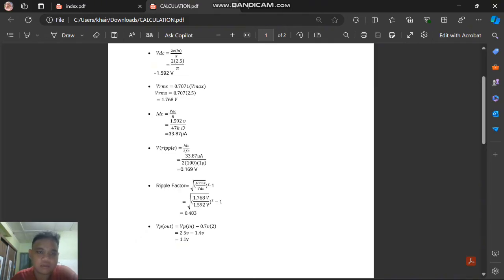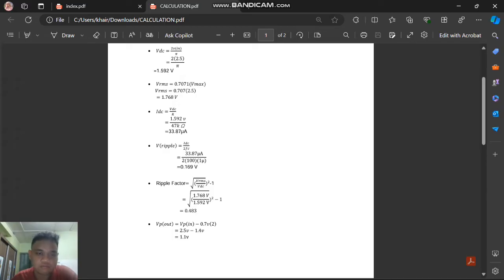For IDC, we calculate using the formula VDC over resistor, and we get 33.87 microampere. For the ripple voltage, we use the formula IDC over 2FC, and we get 0.169 volt.